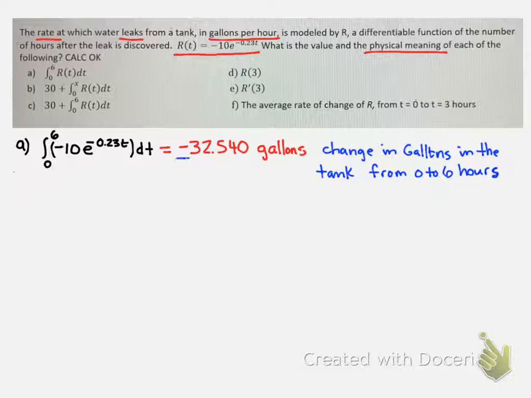And notice we had a negative value, so that's not only a change, but we could also say that it is a loss in gallons because of the negative value.